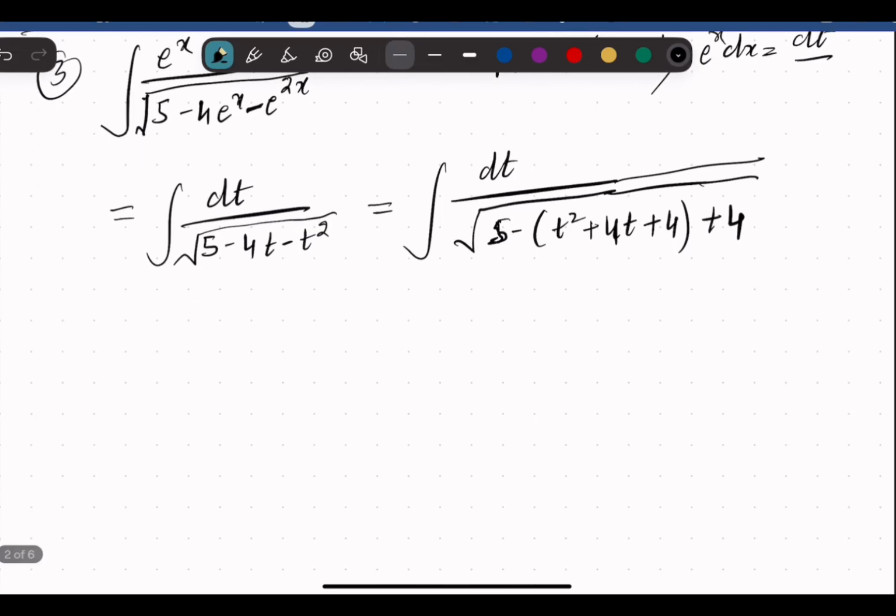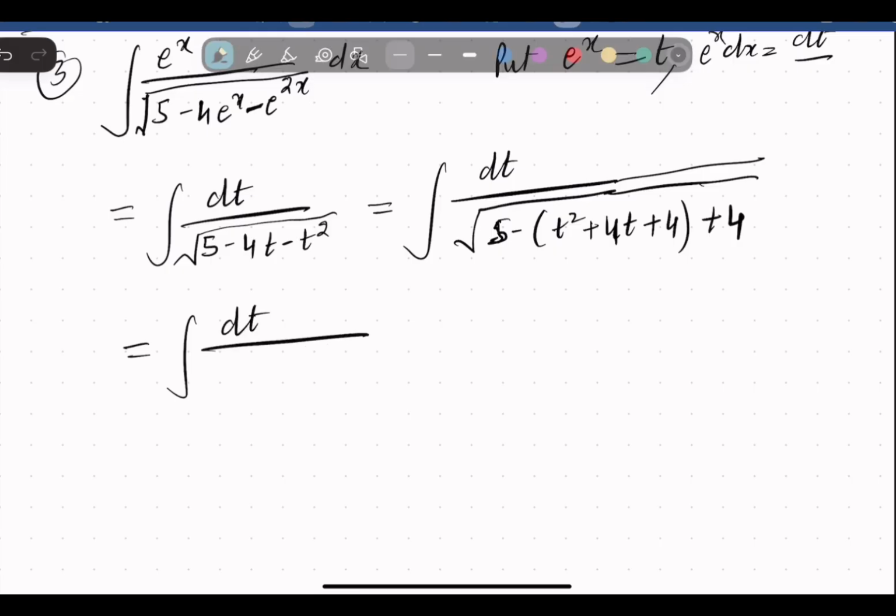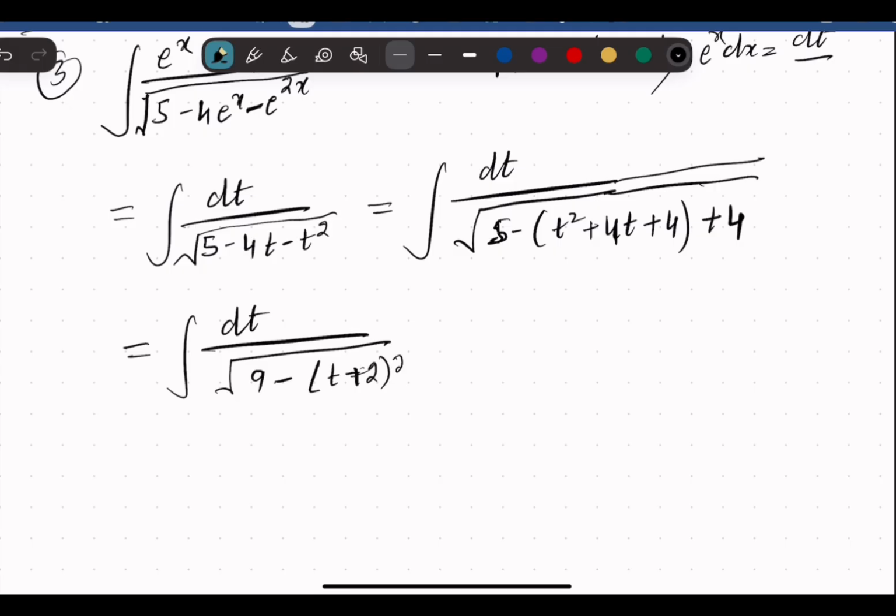This will be equal to dt over 5 plus 4, which is 9, minus t plus 2, the whole square.